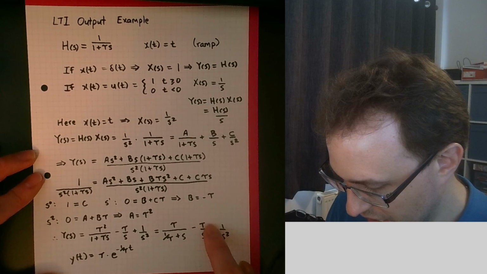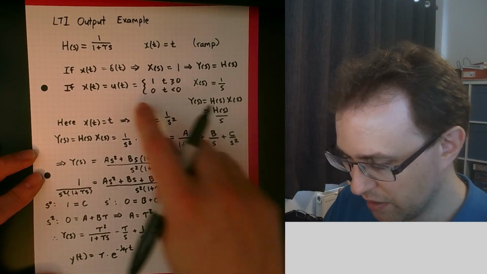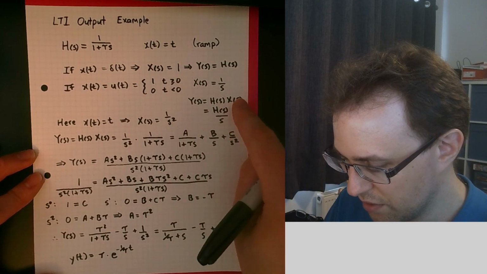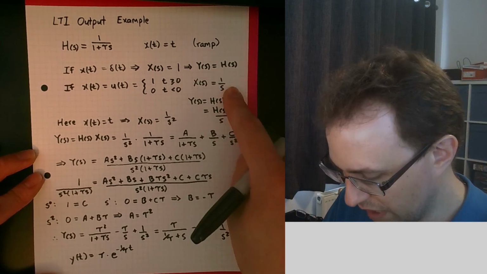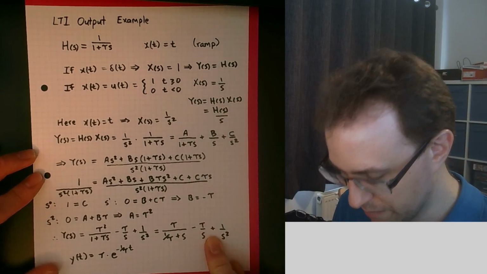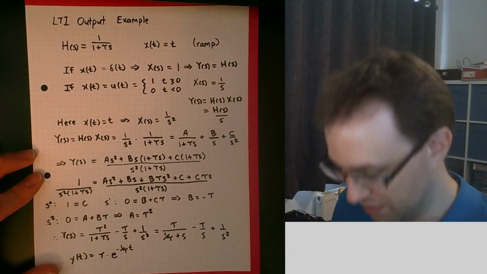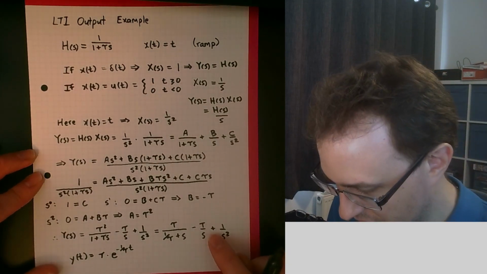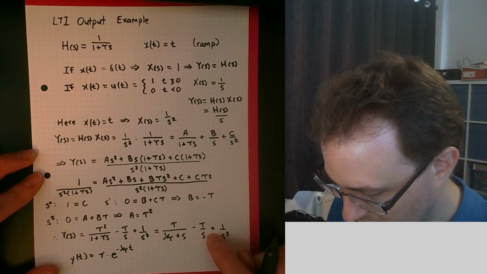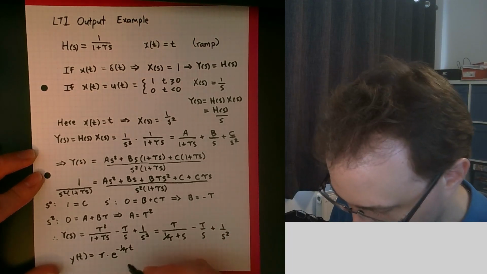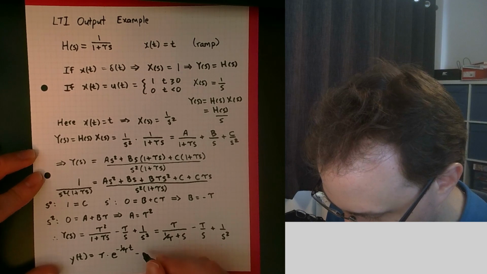Here we have negative tau over s. We'll recall up here that the step function converted to 1 over s. Here we have tau times the step function. We're assuming causality, so our output is only defined for time greater than 0. So we can just say then that in the time domain, 1 over s is equal to 1. So that just leaves us with minus tau.